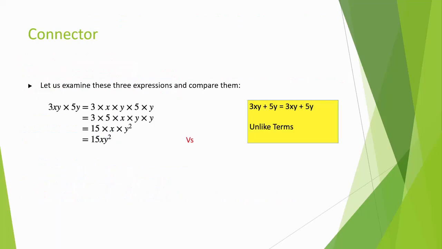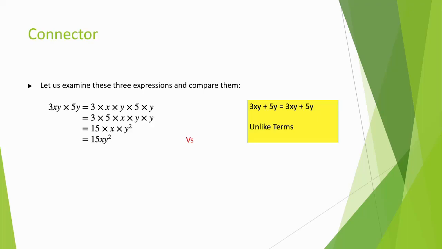Just a quick reminder, when we look at algebraic terms, the letters x and y in this case are really x times y. So our expression 3xy times 5y is really 3 times x times y times 5 times y.